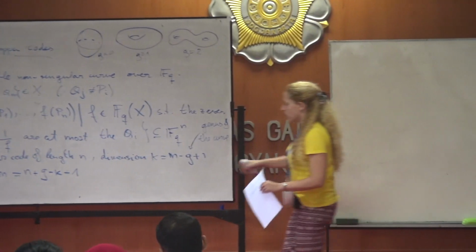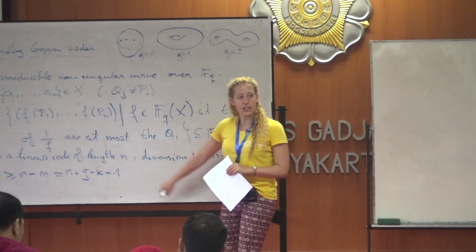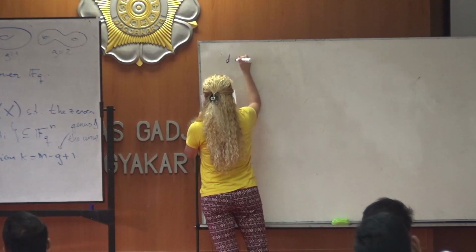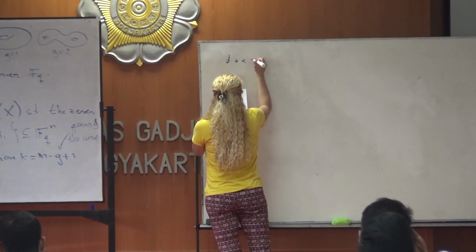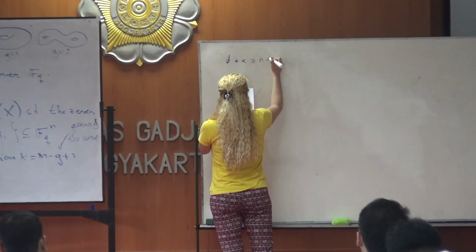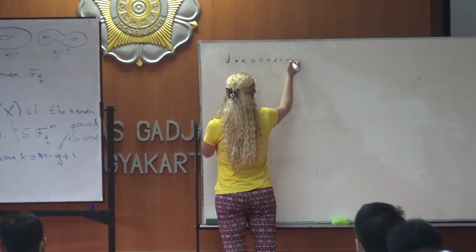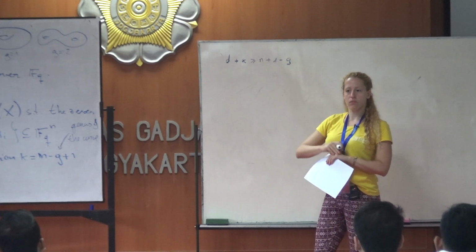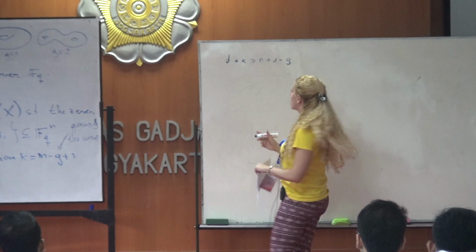So I'm going to, the equality that I wrote here, let me rewrite it in another way. Okay? I can write it as d plus k greater or equal than n plus 1 minus g. Okay? I'm going to divide by n in this equation, both sides. Okay?